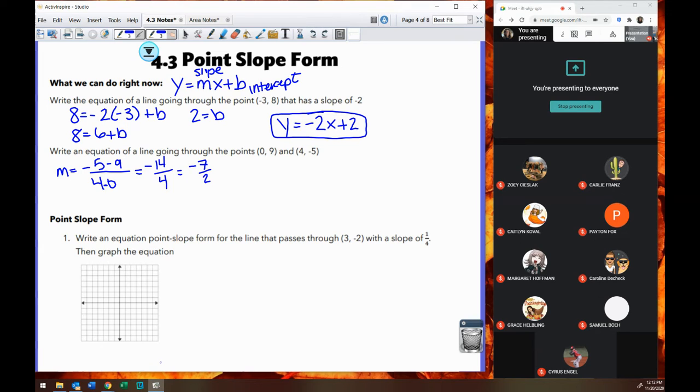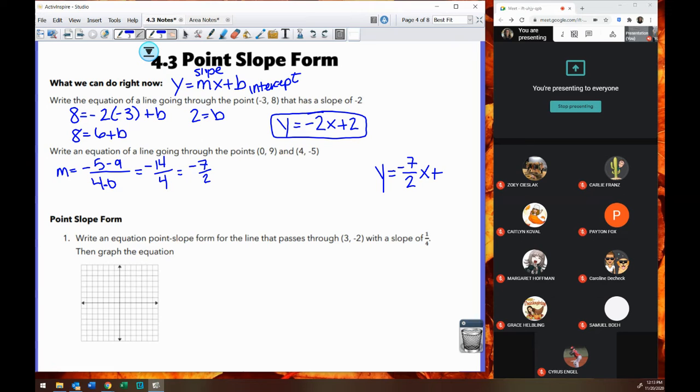Right now we know y equals -7 over 2 x. We have to figure out what the y-intercept will be. Plus b.